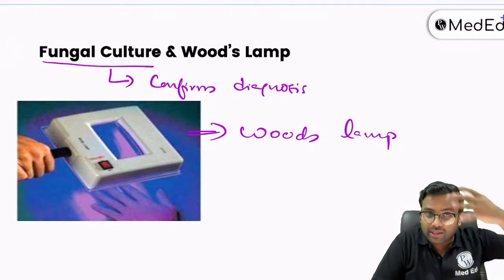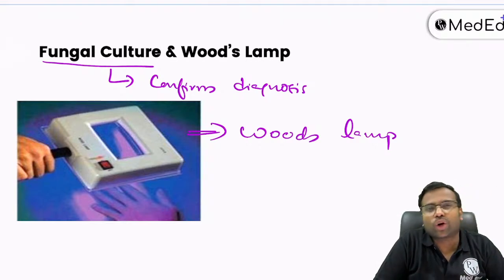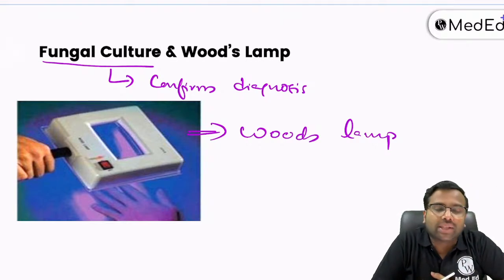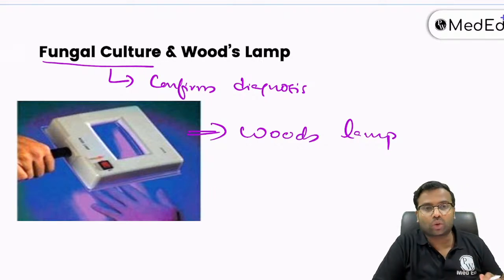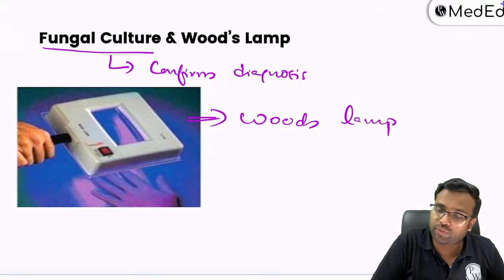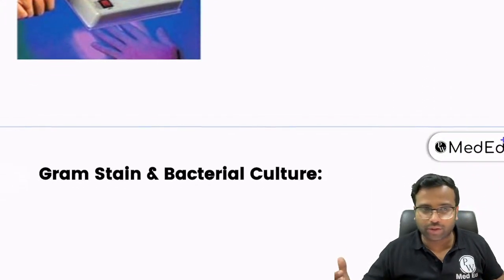Green color means it can be tinea capitis. Apple green or yellow can be seen in pityriasis versicolor. So based on that, we can make out a diagnosis. So this is another investigation which we can do in cases of suspected infections.